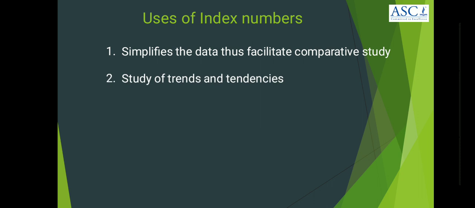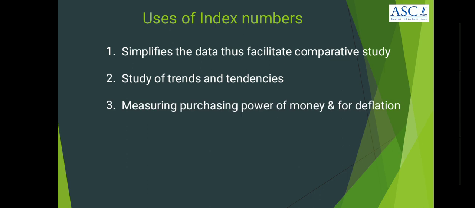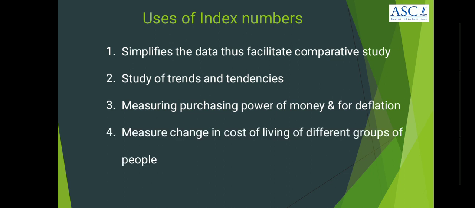Second, they study trends and tendencies. Third, they measure purchasing power of money and are used for deflation. Fourth, they measure the change in cost of living of different groups of people.